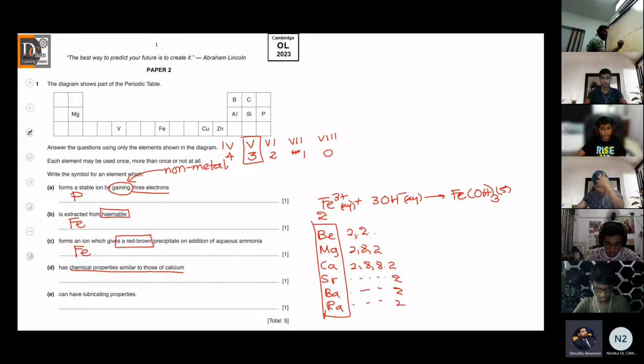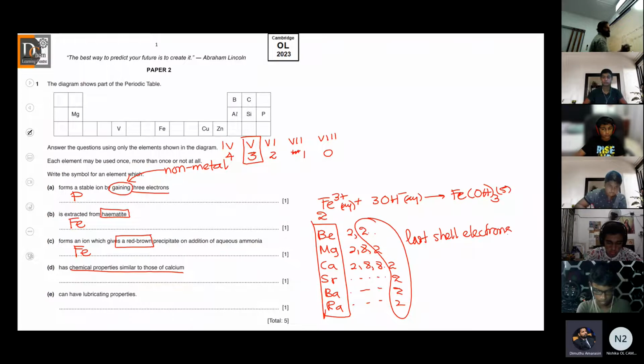Last shell electrons will decide the chemical properties. If you have the same number of electrons in the last shell, chemical properties are very similar. Thereby, the answer for calcium here is magnesium.